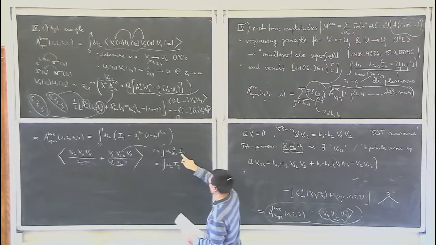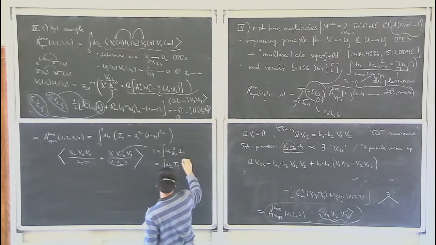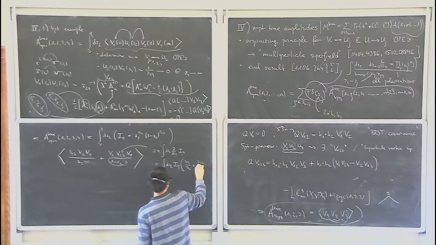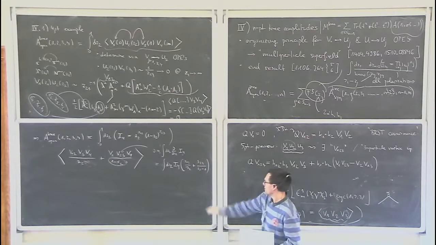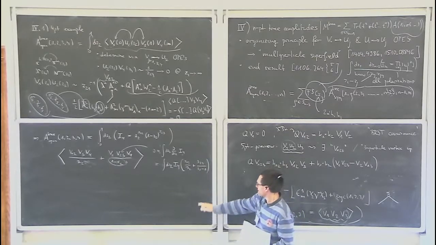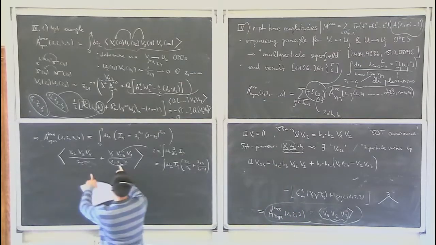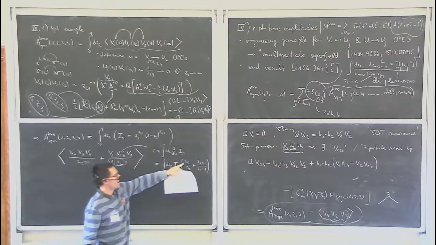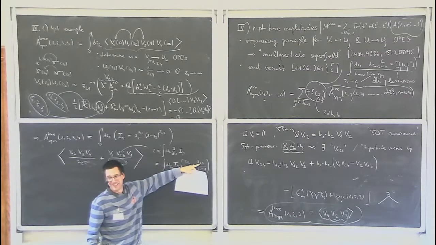Suppose we compute the total derivative of just the Koba-Nielsen factor, then what you get is this combination here. So in other words, if you look at this combination, you can equate those two integrals up to a ratio of Mandelstam invariants.